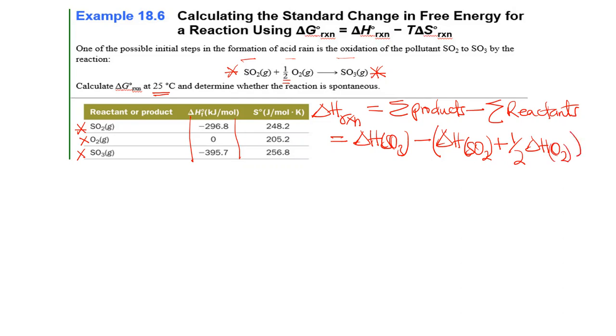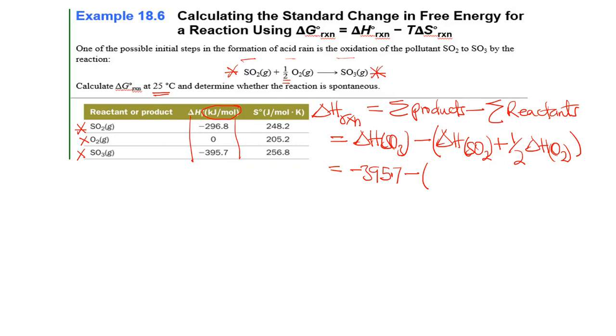So I'm going to put these ones in parentheses. The enthalpy of sulfur trioxide is negative 395.7. Remember, this is given in kilojoules per mole. So this one minus, and you put the parentheses here.